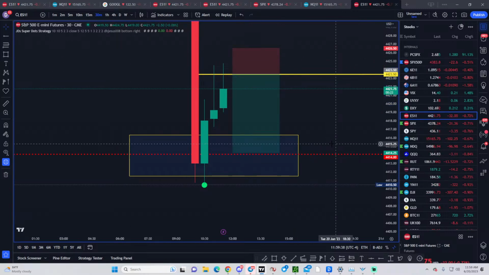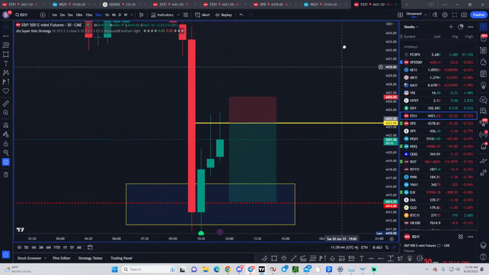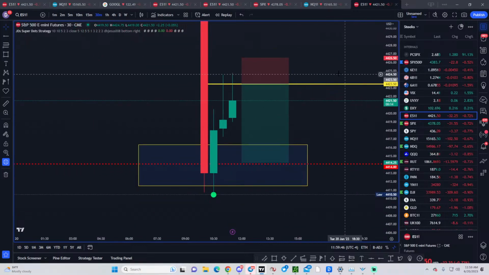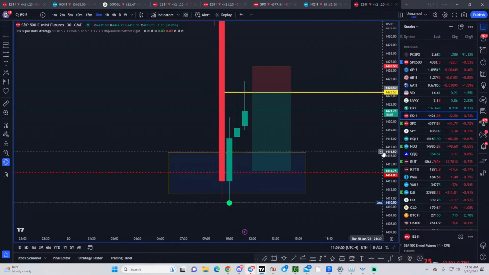So below 22, no good. Above 22, likely we can potentially see higher prices. But again, we're trading level to level. The trend is down, so we're gonna focus on executing a short trade and see how that trade pans out.